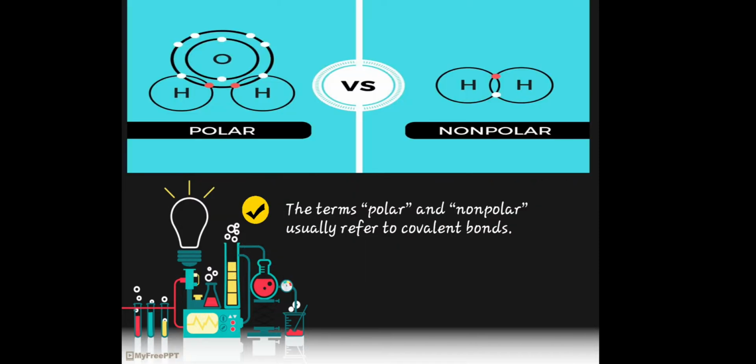Okay, next. So, this is the representation of the differences between polar and nonpolar. The terms polar and nonpolar usually refer to the covalent bond. Why? Because covalent bond is all about sharing of electrons. So, meaning to say there are two types of covalent bond, which are polar and nonpolar bond.